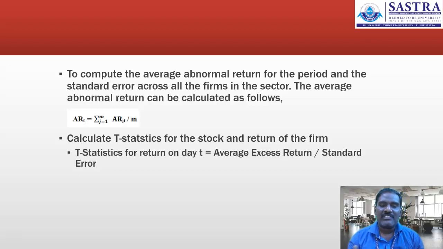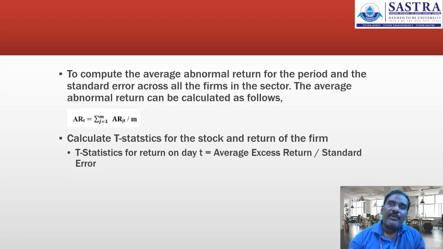Likewise, for 12 banks, the abnormal rate of return generated is added, divided by M. M means the number of firms in the event study, the number of firms in the bank index. In this example it is 12. So you can compute the average abnormal return generated during the specific period of time.